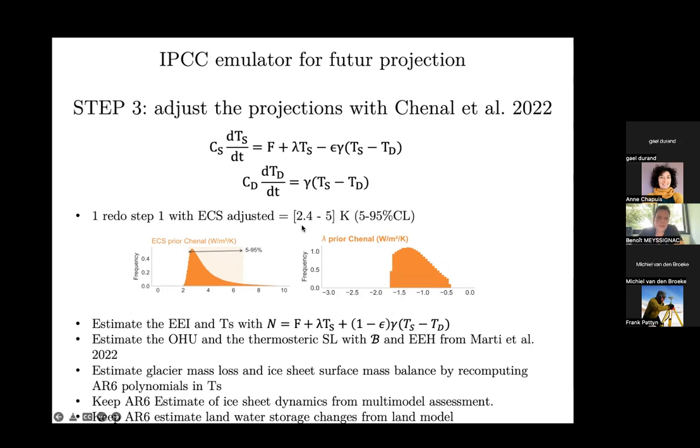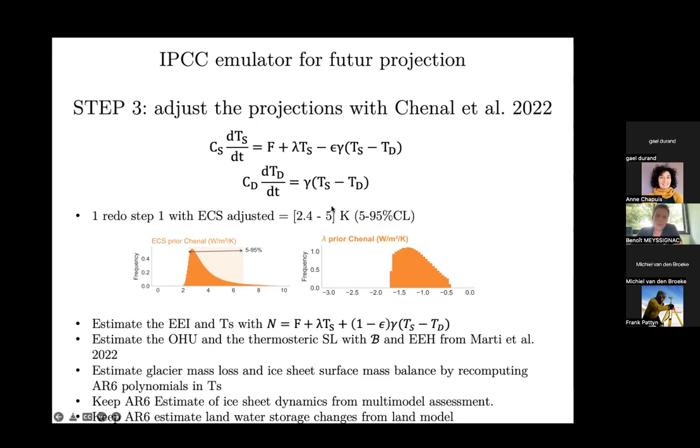And so we take this estimate of the climate sensitivity, we derive a prior for lambda, and we follow exactly the AR6 process. So with the new lambda, we estimate CS, CD, gamma, and epsilon by doing simulations and checking that we are close to observations with the same threshold as the ones that are proposed in AR6.